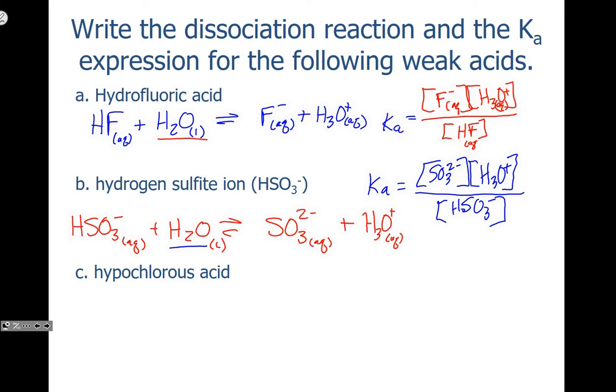Who can tell me what the acid is? You've got to be able to name these and write them. Hypo means what? Less oxygen, right? By 2. So what does OS come from? Ite. So chlorite. What's chlorite? HClO.